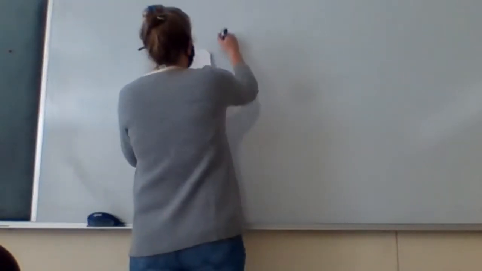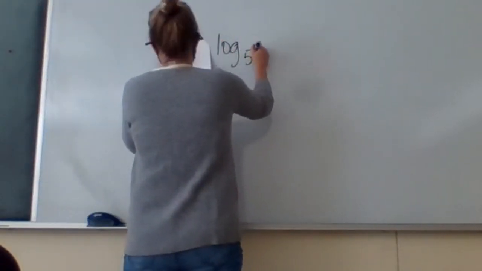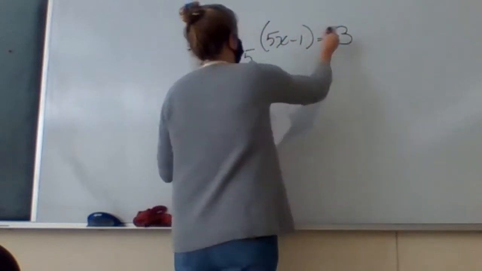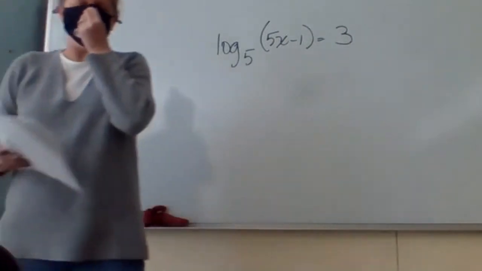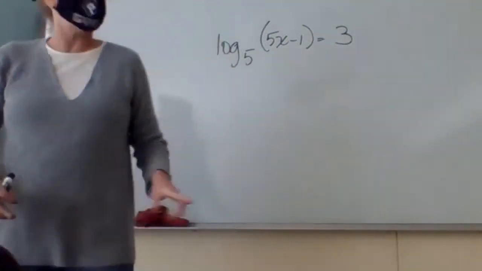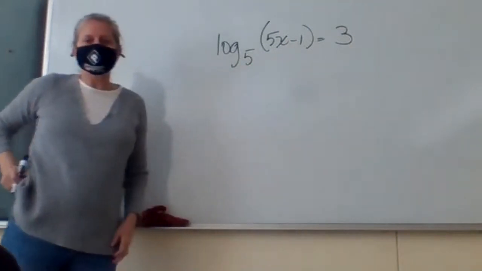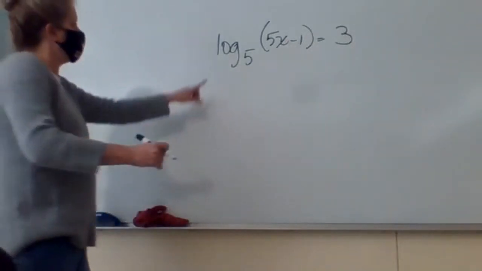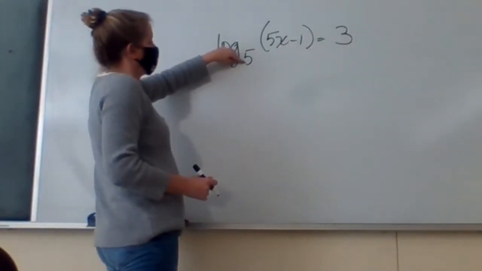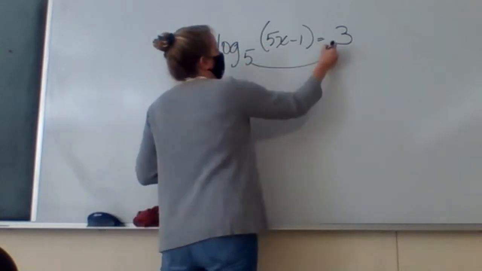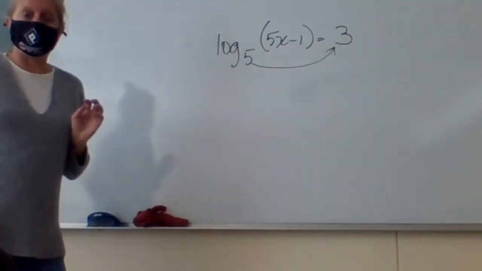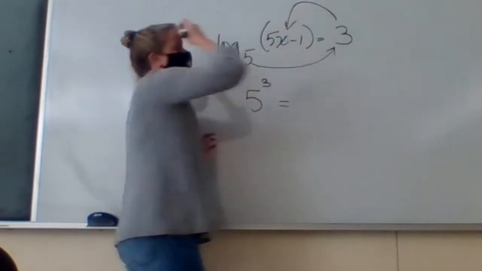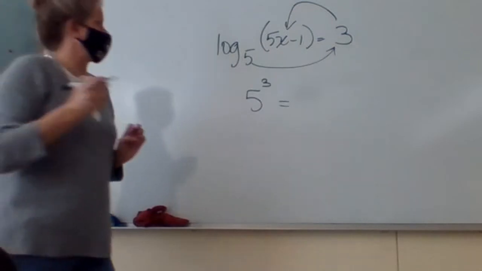It says log base 5 of 5x minus 1 equals 3. So there I'm solving a logarithmic equation. Since I just have a log on one side, I'm going to change this to an exponential equation, right? Because I know if this is a log, then if I change it to an exponential equation, I'll have 5 to the third power is going to be equal to what is right here, which is 5x minus 1.